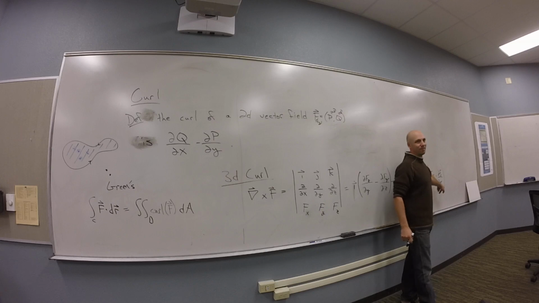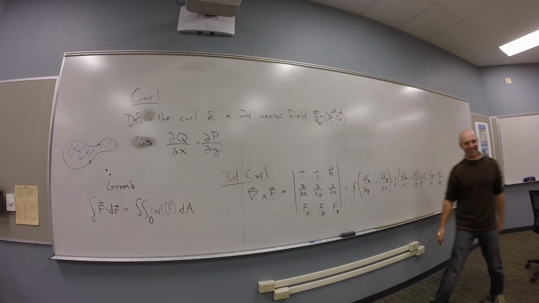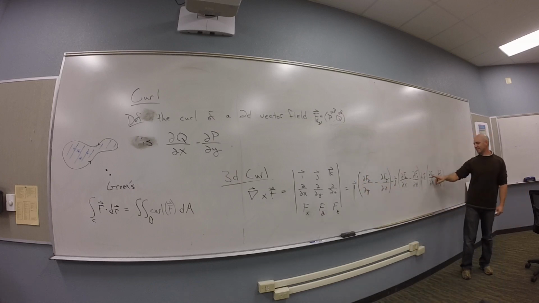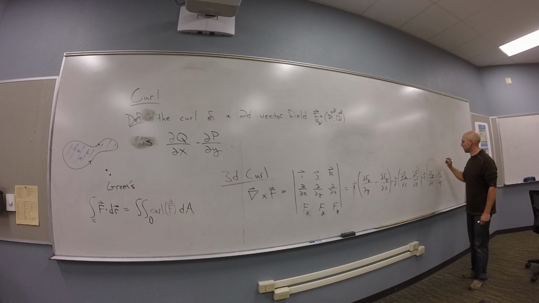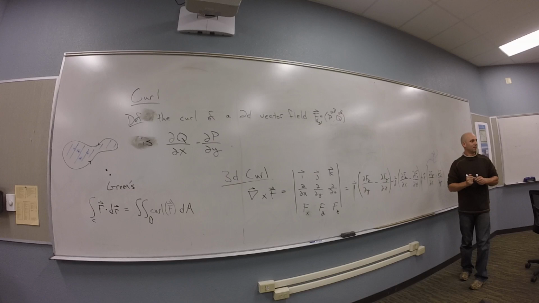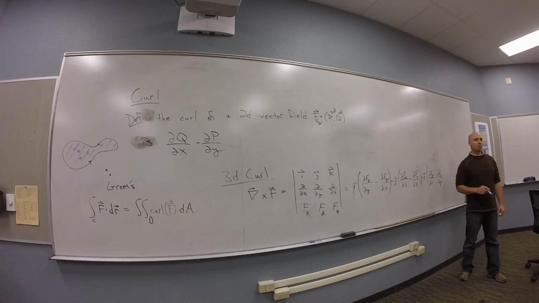So it's the partial of the y component with respect to x minus the partial of the x component with respect to y, right? So this guy at least is something I recognize. That's 2D curl. So those are just the curls for each of the planes, right? So these are kind of each of the planes' curls.